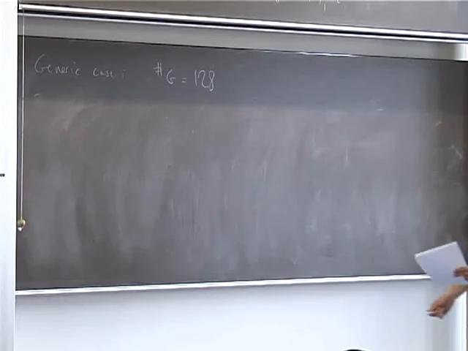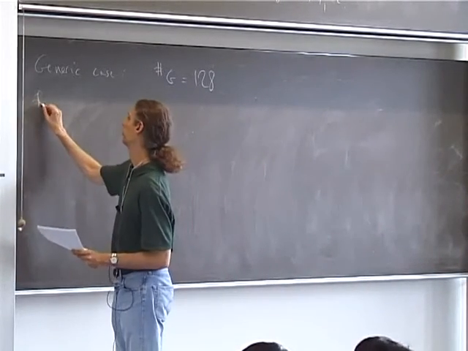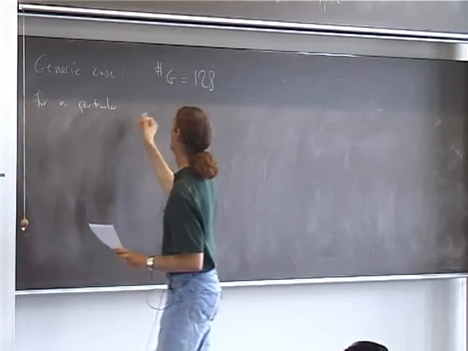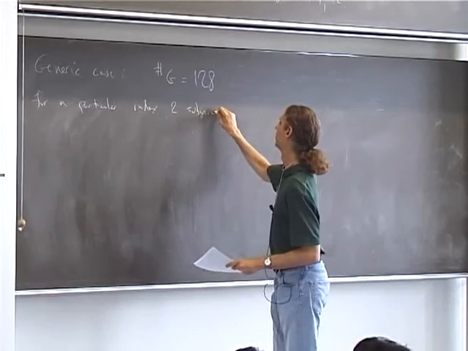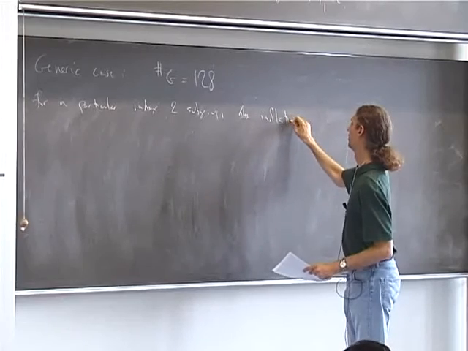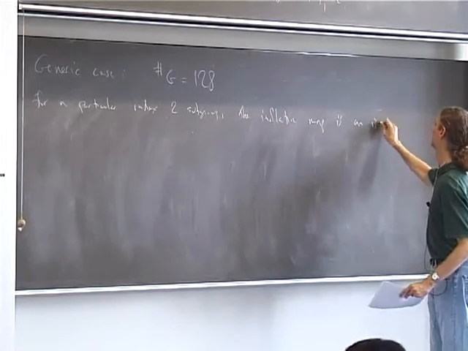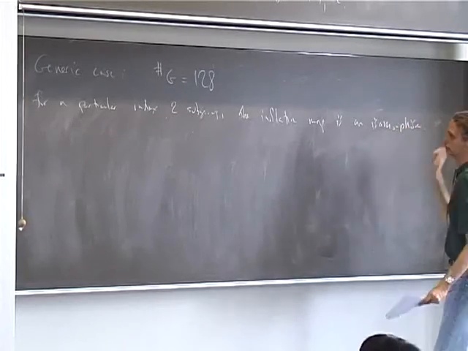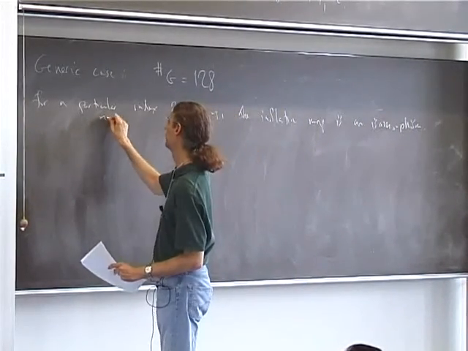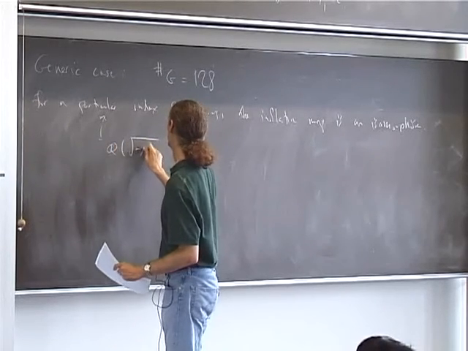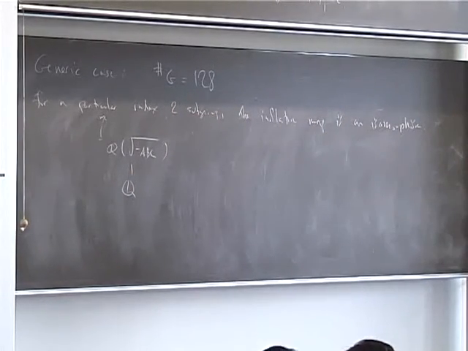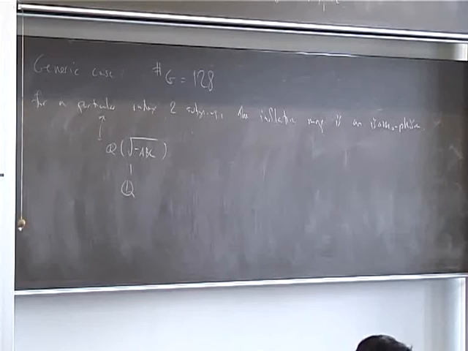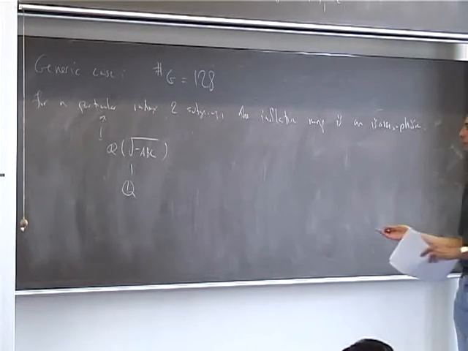And then it turns out that, again, the inflation map, for a particular index 2 subgroup, the inflation map is an isomorphism, and this, in fact, corresponds to the quadratic extension Q adjoins square root minus ABC of Q. And for the same reason as before, this nasty H3 group vanishes, so you can carry out explicitly.